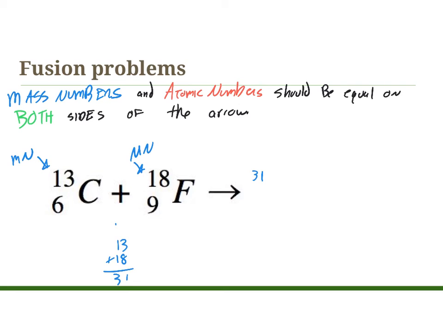Then my atomic number for carbon is 6. My atomic number for fluorine is 9, so I'm going to take 6 plus 9, which is 15, and put that down here.